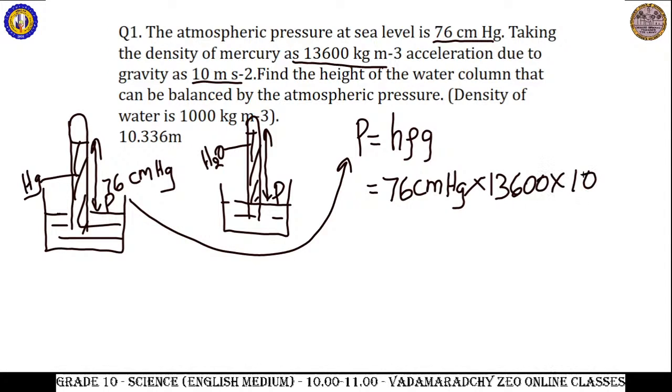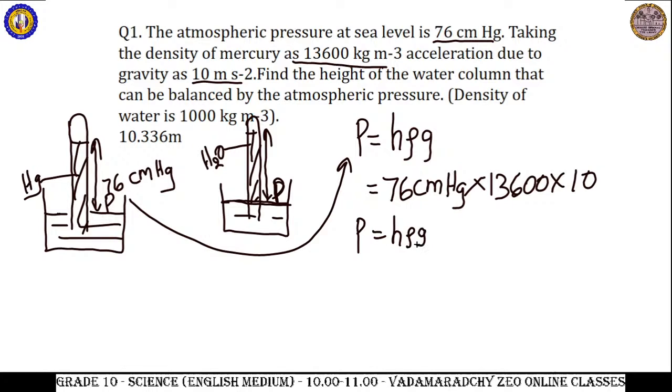Likewise, the pressure at this point, if we use water as the fluid in the water barometer, the pressure is also the same. So here, if we apply our formula, P is equal to h rho g.